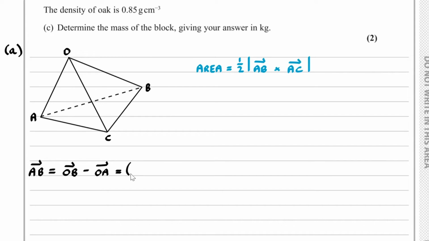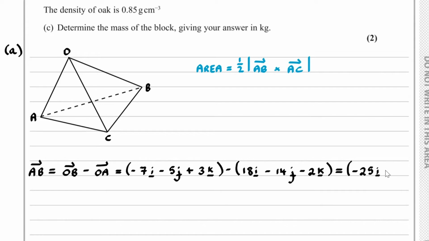Vector OB, we've got minus 7i minus 5j plus 3k, minus 18i minus 14j minus 2k, and it turns out the vector AB is equal to minus 25i plus 9j plus 5k.